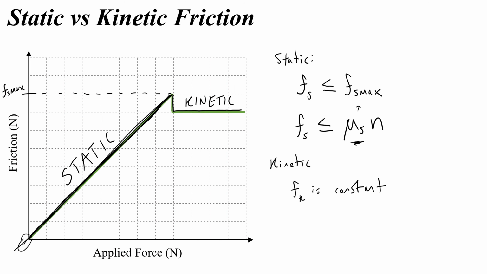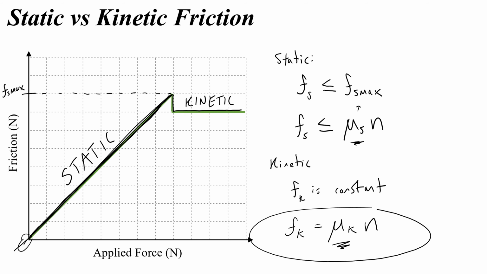So let's go back to our static versus kinetic friction note, and let's write the equation for kinetic friction. Fk is constant, and Fk is always equal to the coefficient of kinetic friction times the normal force. So this means that if you know what mu k is, you can find the kinetic friction.